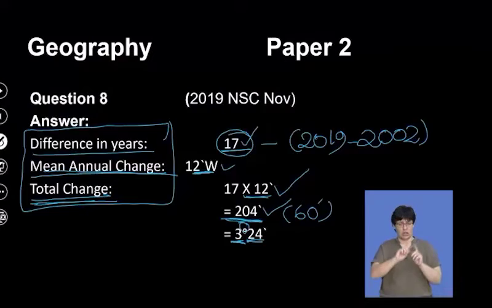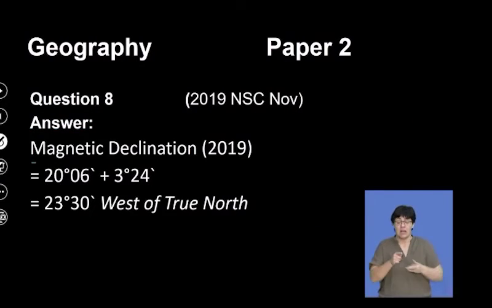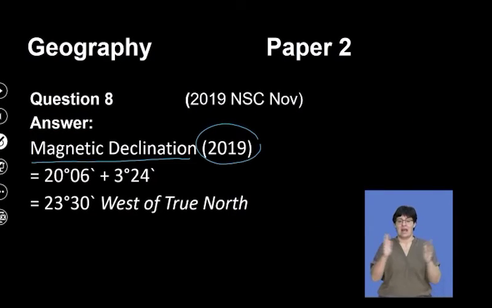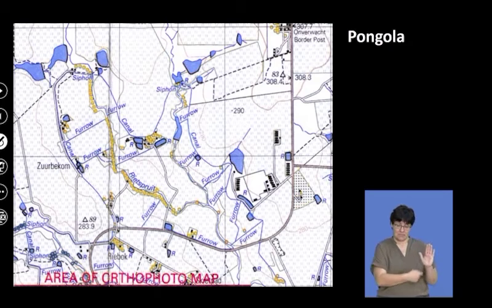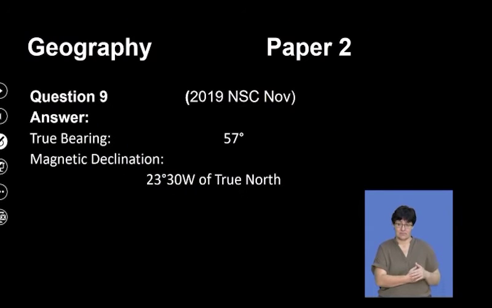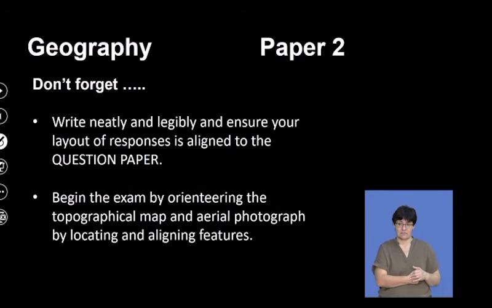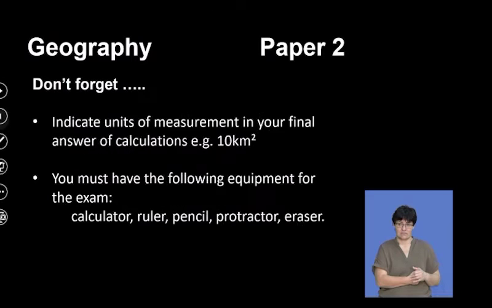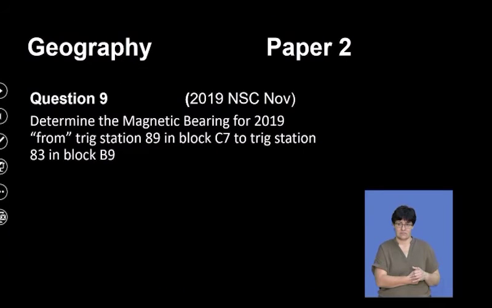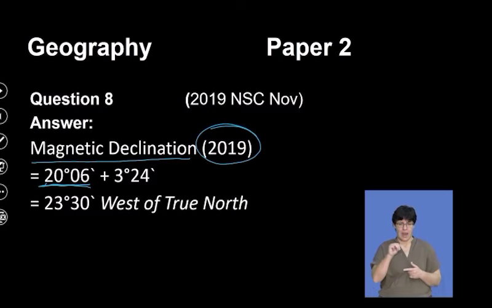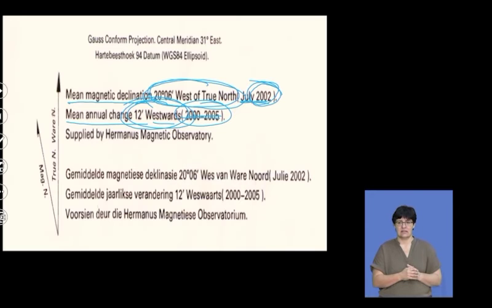Let's move on. Now I can calculate my magnetic declination, which in this case was for 2019. Remember, I've got this from my map. Let's go back to that map. And here we go with the magnetic declination. And there we are.